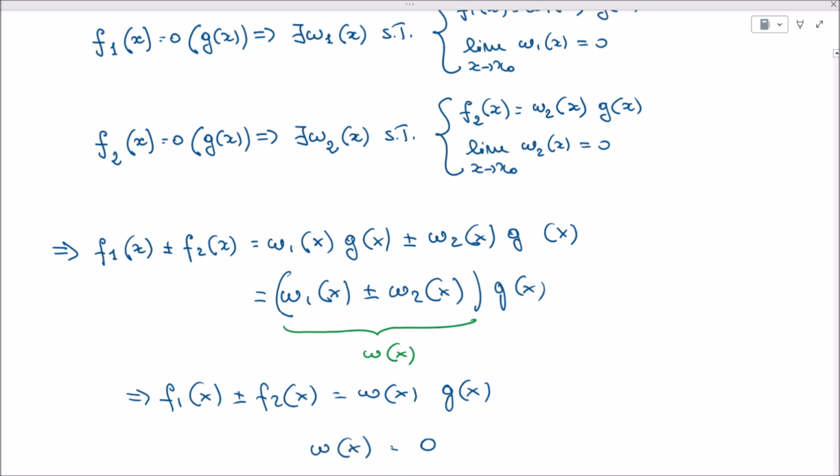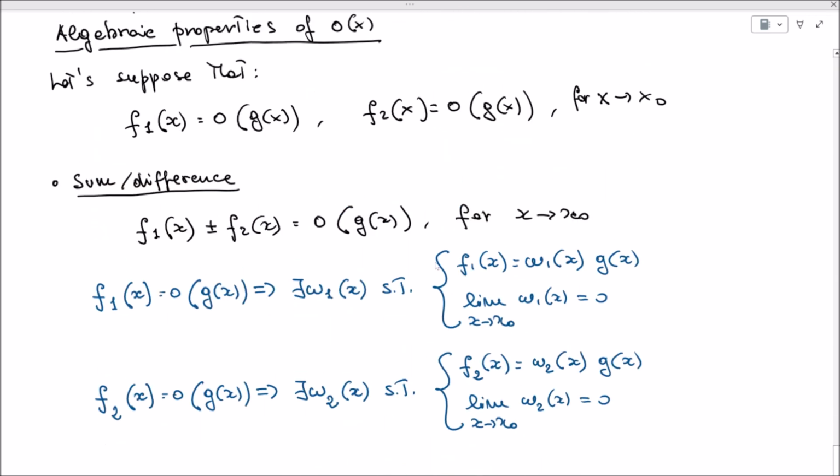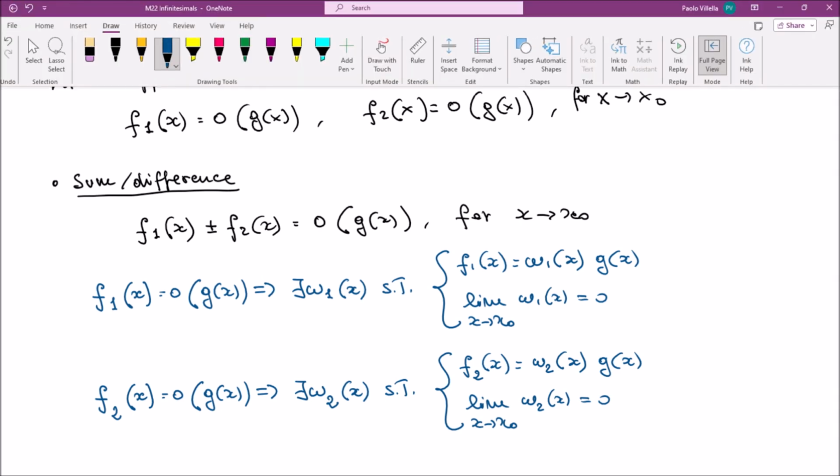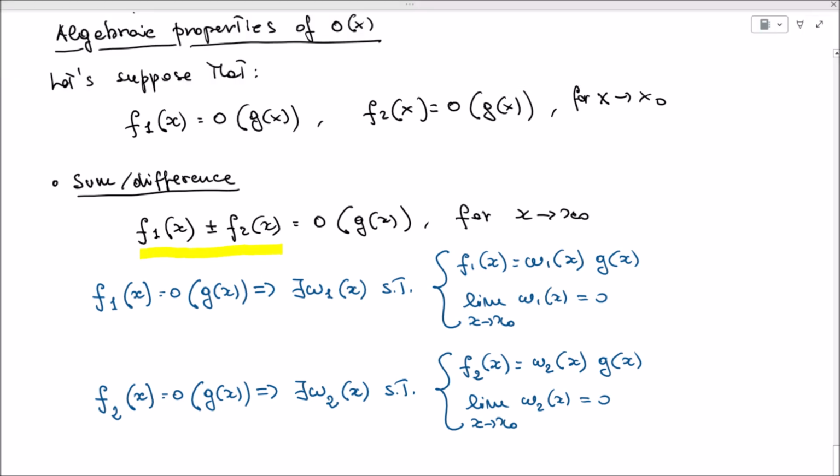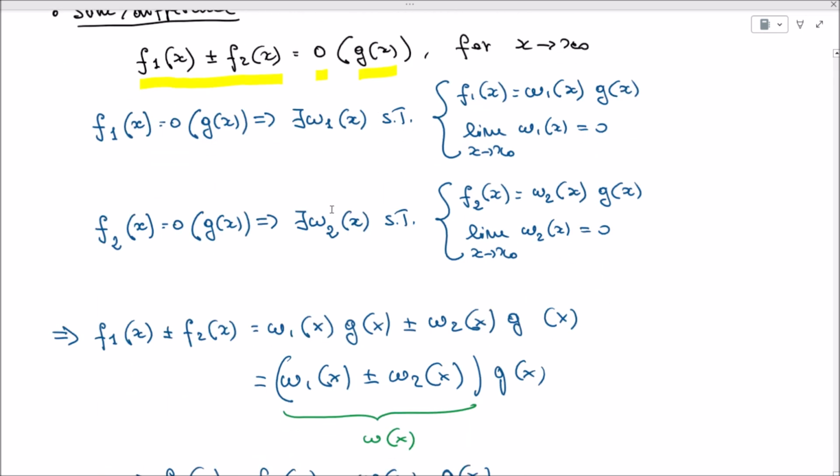We can write this, which proves the original statement that the sum or difference of f1 and f2 is just another example of little o of g of x.